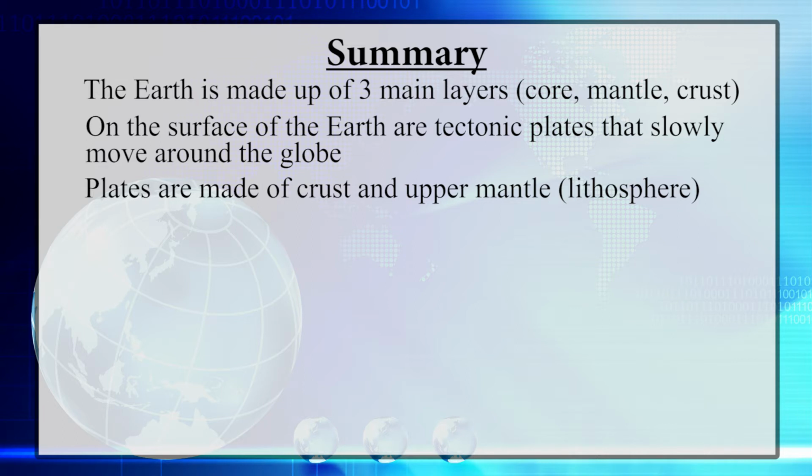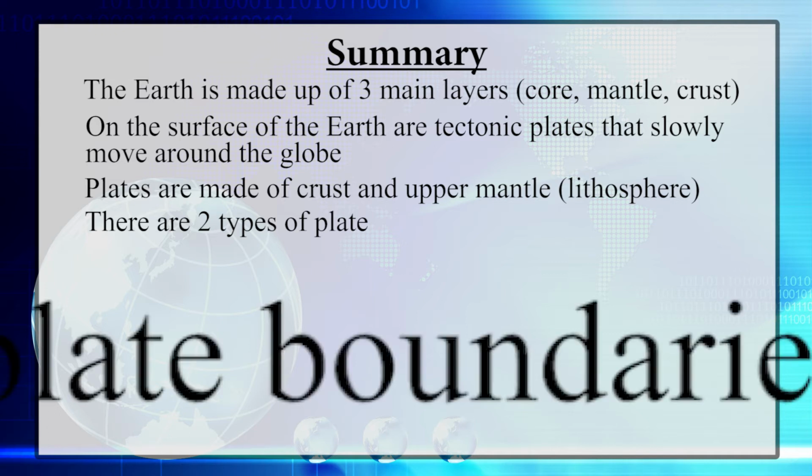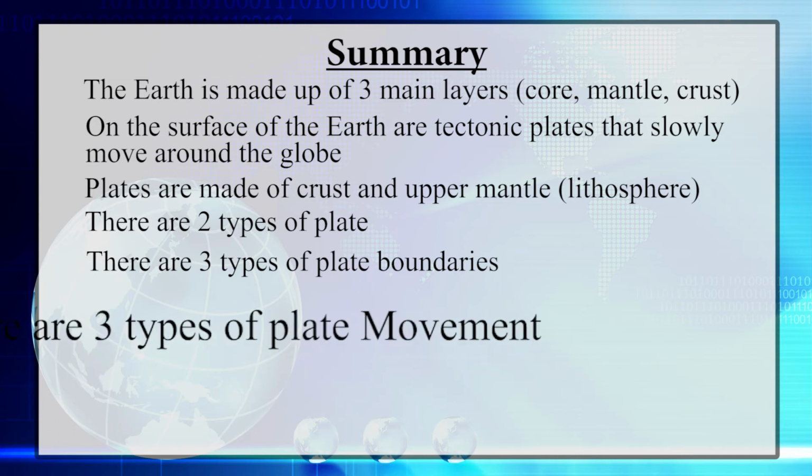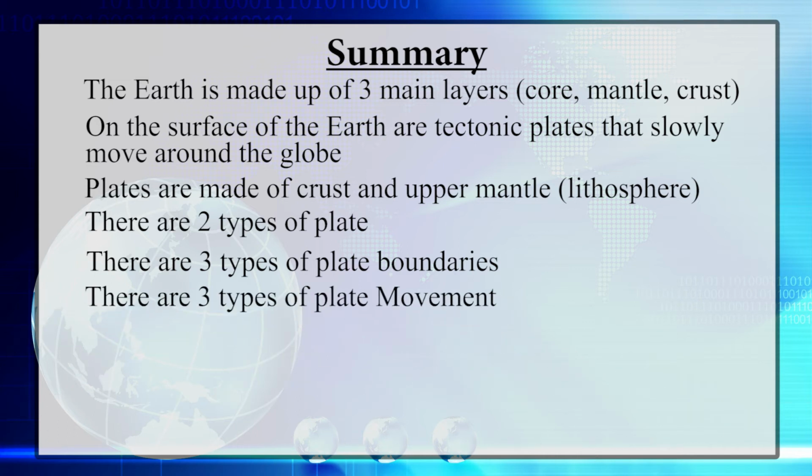Number three, plates are made of crust and upper mantle, which we term the lithosphere. Number four, there are two types of plate: continental plate and oceanic plate. Number five, there are three types of plate boundaries: convergent, divergent and transform boundaries. Number six, there are three types of plate movements: convergent, divergent and conservative or transform.